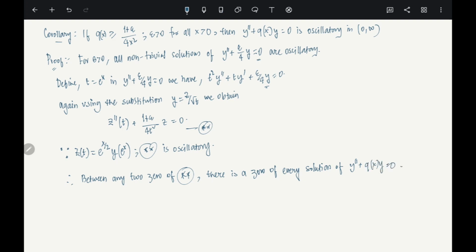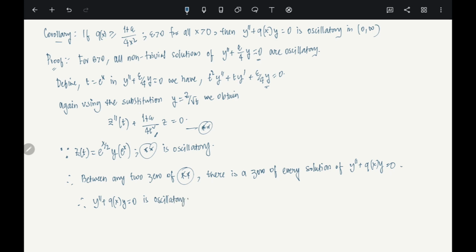I hope this is clear. Okay. So therefore, since q is greater than this, you understand what I am trying to say, the equation y double prime plus q x y equals 0 is oscillatory. Sturm comparison, right? Oscillatory. Okay, so this is fine.